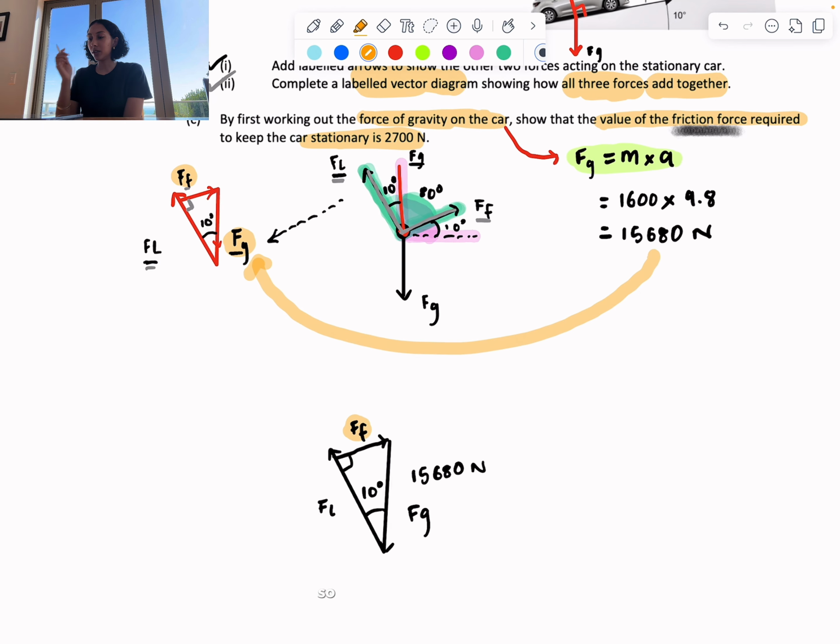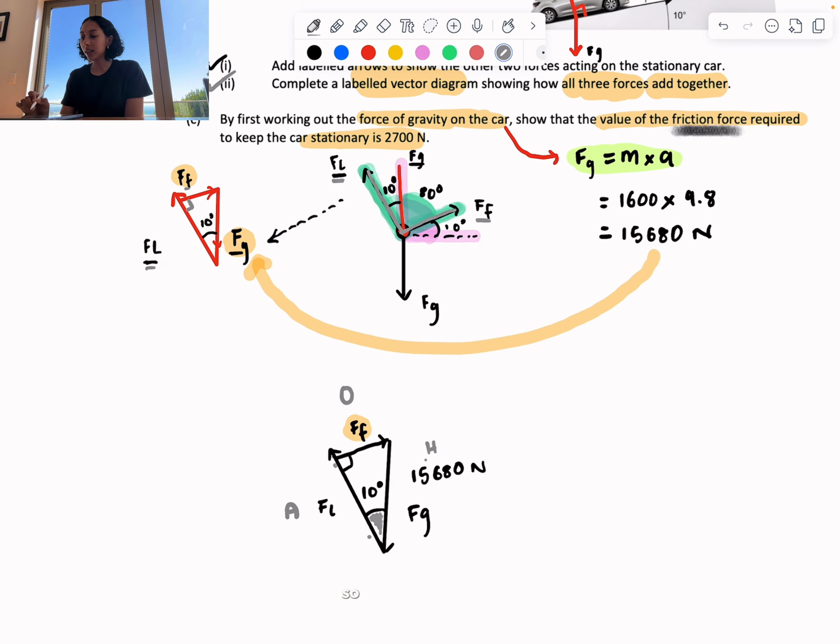Okay, so using trig, let's see if we can do this. First step is to add and label our vector diagram according to the trig rules. So we've got the adjacent, which is in between two angles. We've got the opposite, which is opposite the angle of concern. And then we're left over with the hypotenuse on this side over here.